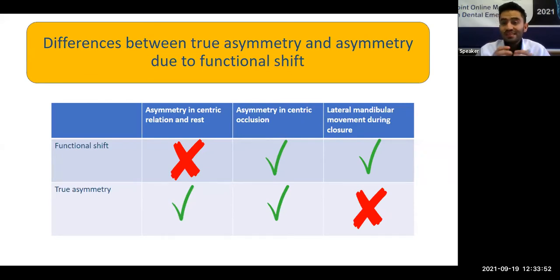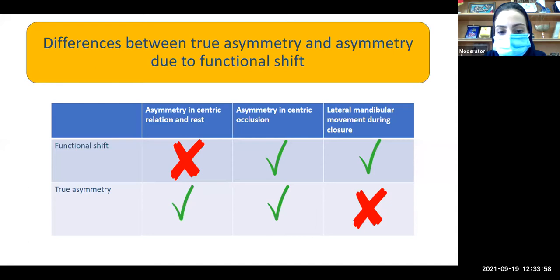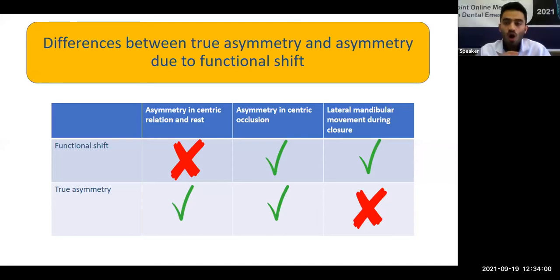And also, we see a lateral mandibular movement during the closure of the jaws. But in the true asymmetry, there is asymmetry in all situations, while smiling, while at rest, while speaking, in CR, in CO, and there is no sign of lateral mandibular movement during closure.